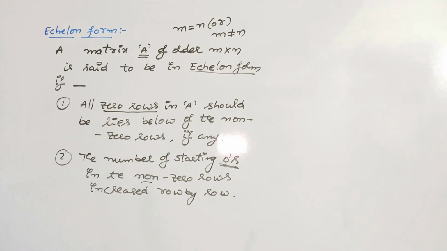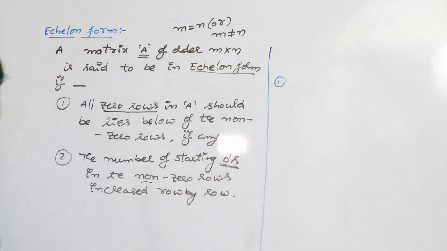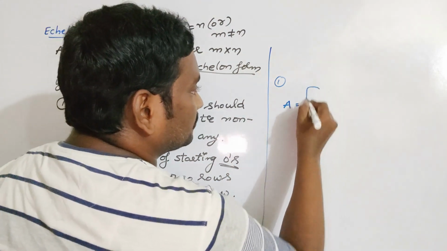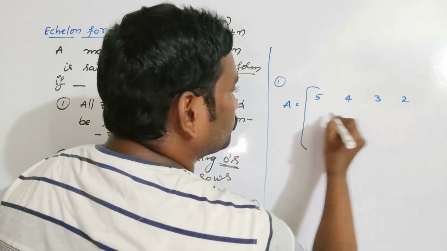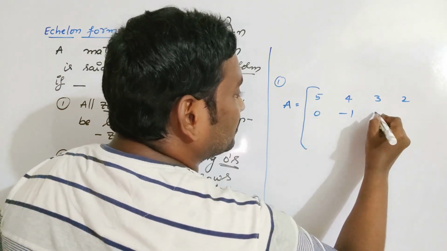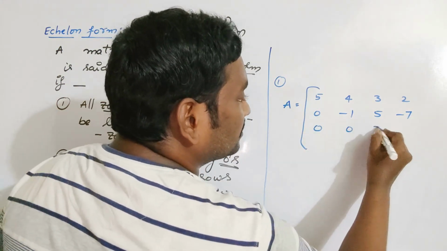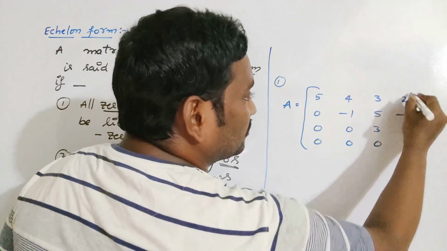First, I will take a matrix. Consider this matrix 5, 4, 3, 2, 0, -1, 5, -7, 0, 0, 3, 2, 0, 0, 0, 0.